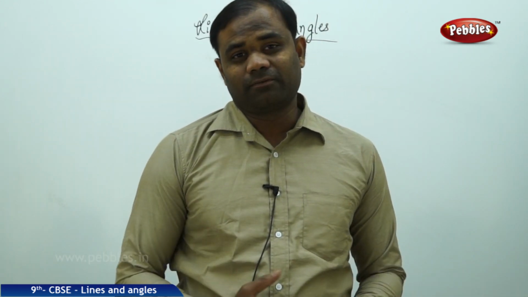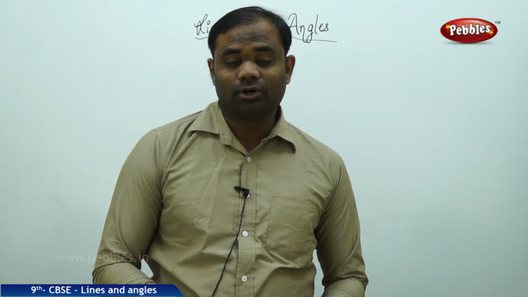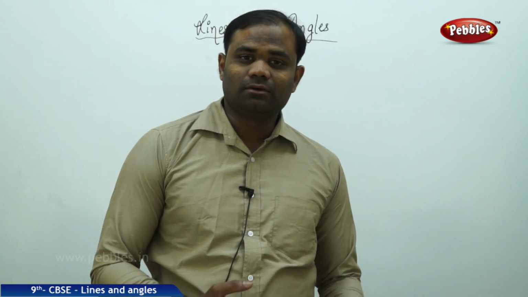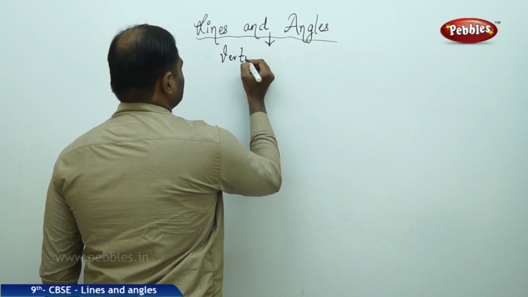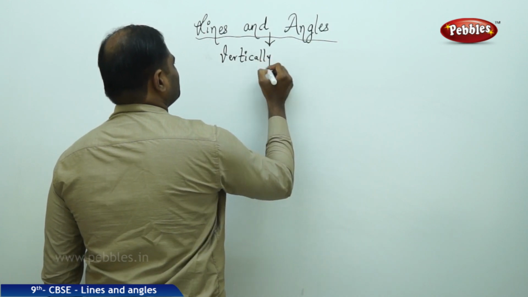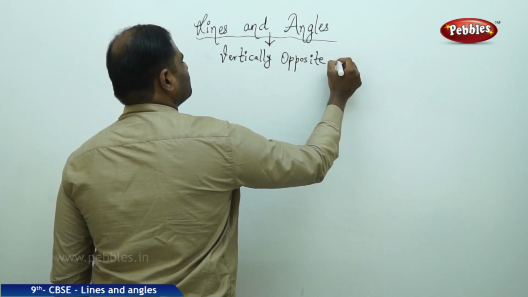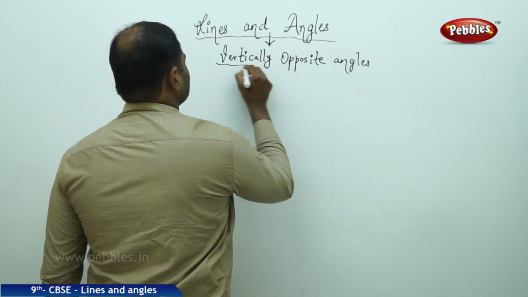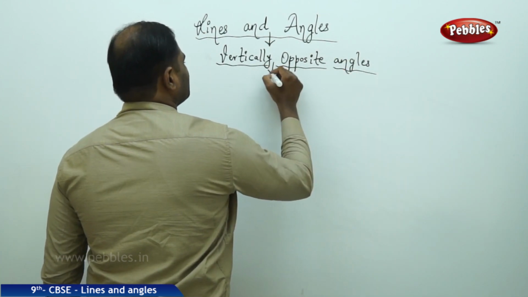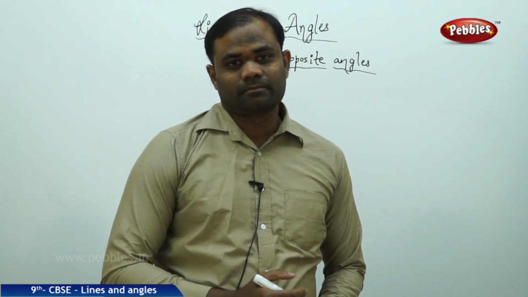Now the next type of angles which we're going to discuss in the plane geometry is vertically opposite angles. Let's see what are vertically opposite angles.